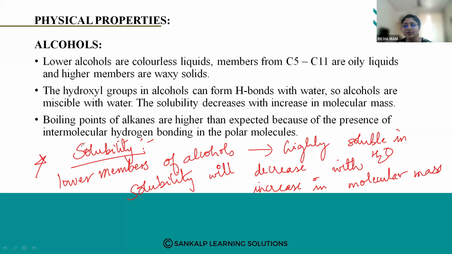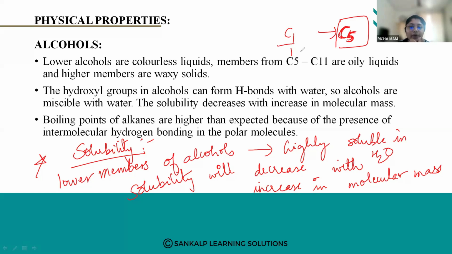But as you proceed to higher alcohols, from carbon 1 to, suppose, carbon 5, the solubility goes on decreasing. Why? Because there is an increase in molecular mass.